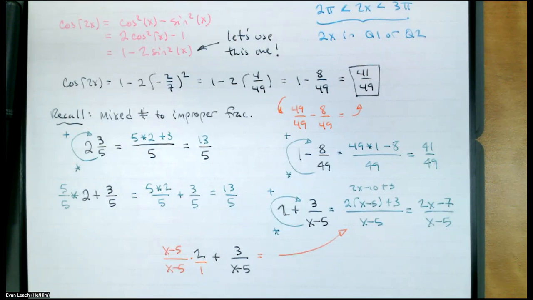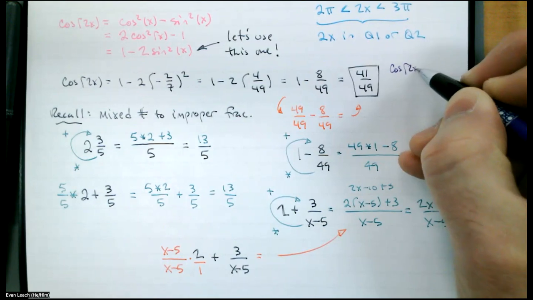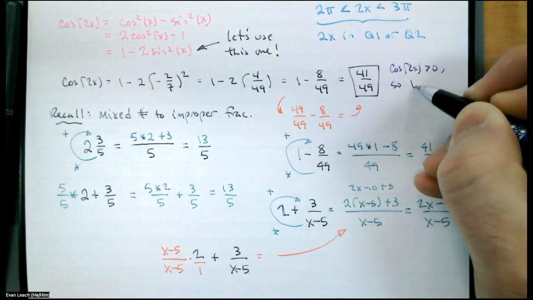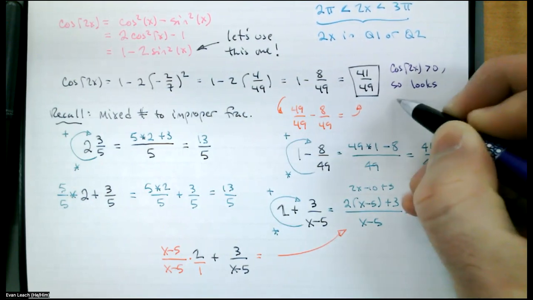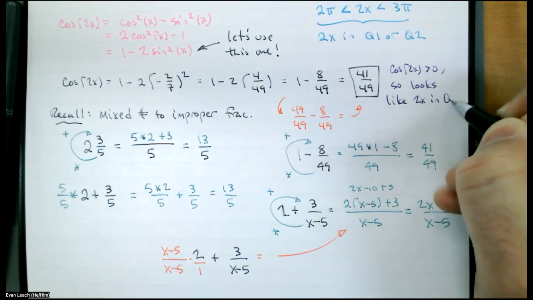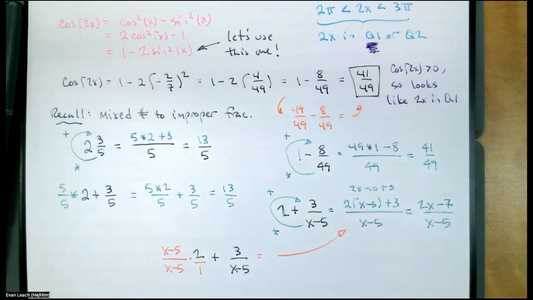And since the cosine of 2x ended up being positive, it looks like 2x is in the first quadrant. So it looks like our 2x is in quadrant 1 because when we have found the cosine, it ended up being positive.